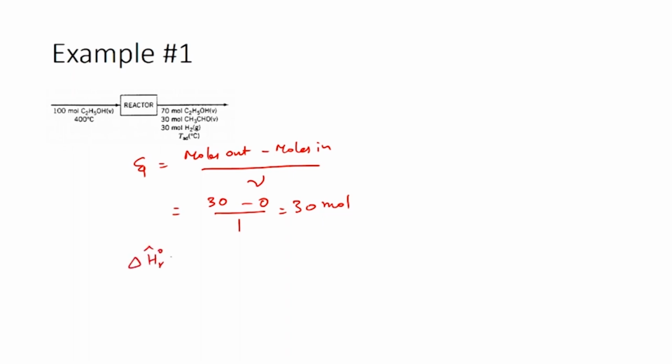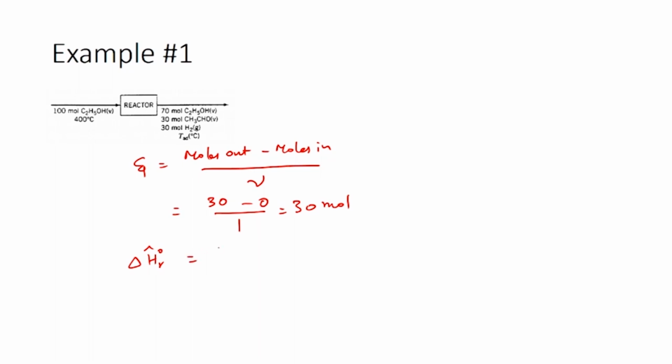So, the standard heat of reaction can be calculated from the heats of formation. What you would have is heat of formation for the products minus the heat of formation of the reactants. So, basically a summation of the product of the stoichiometric coefficient and the heat of formation for the products, subtracting the same for the reactants. So, let us try and do that.